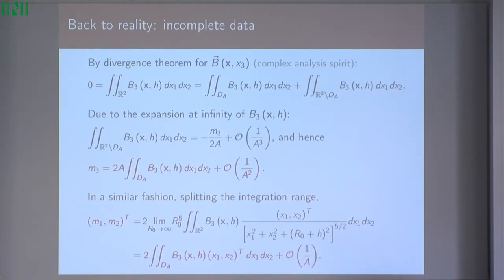And what we get are explicit formulas for M1, M2 in terms of B3. Of course, these formulas have asymptotic character, so they get better as the size of the measurement area gets bigger. The size of the measurement area is related to the radius a.